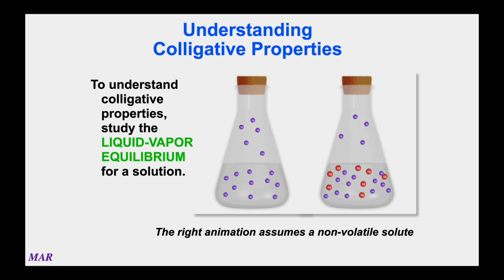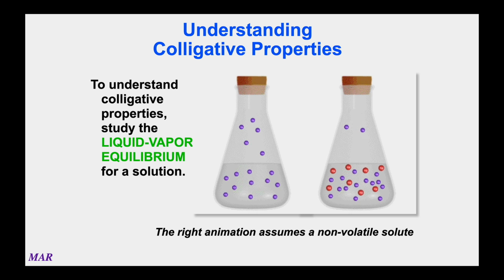Because fewer solvent molecules get to the surface, fewer can escape, and the vapor pressure of the solution decreases. Colligative properties are the properties that solutions will exhibit, and it includes things like vapor pressure going down, boiling points increasing, melting points decreasing, osmosis.